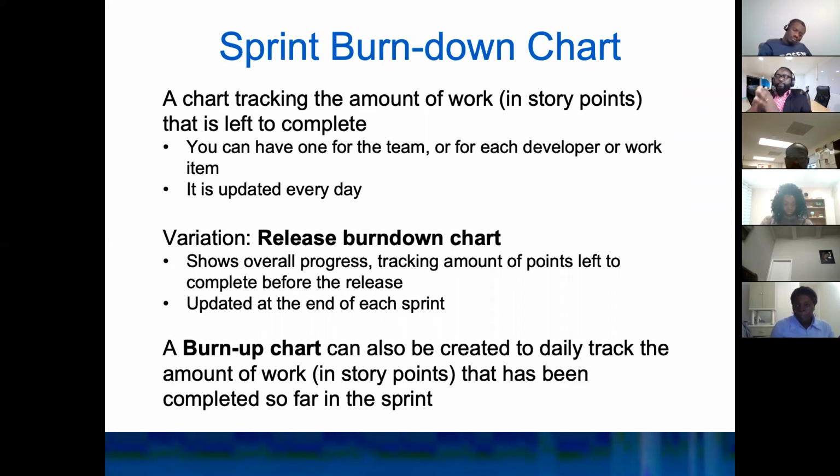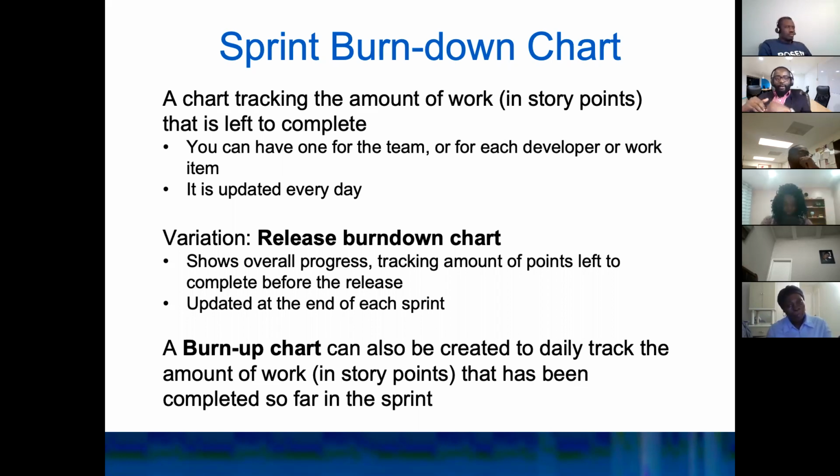So the sprint burn down chart, like I said before, is a chart that is tracking the amount of work that you're completing every day and what is left. It allows you to visualize how many stories you completed and how many are left. The burn up chart is showing you on a graph how many you already have completed only.